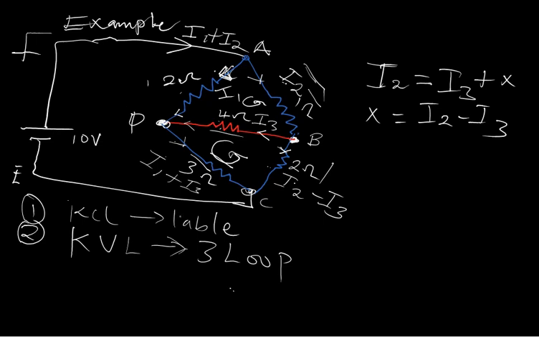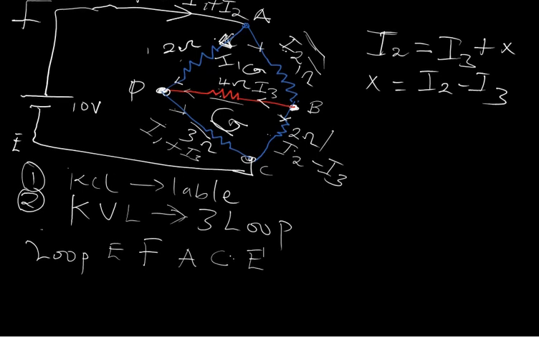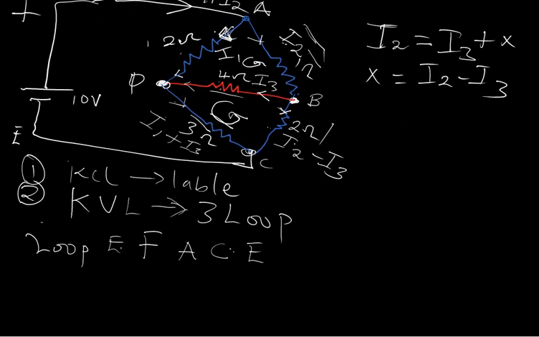Let's say I want to go through the loop starting with E, pass through F, then I'll go through A, through C, then return back to E. So that is a loop. I want to apply KVL to that loop.